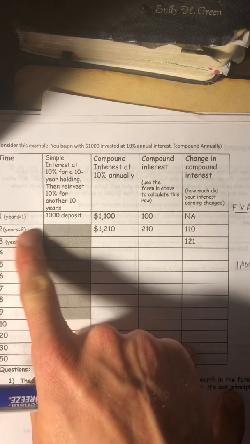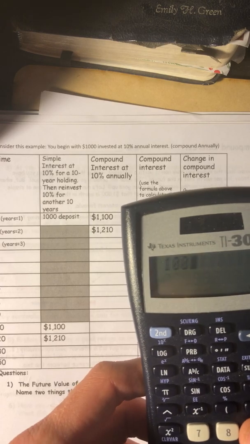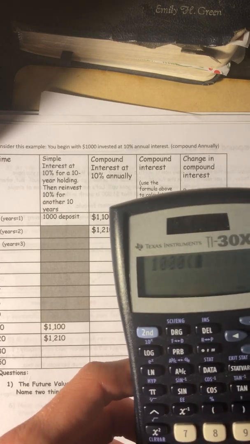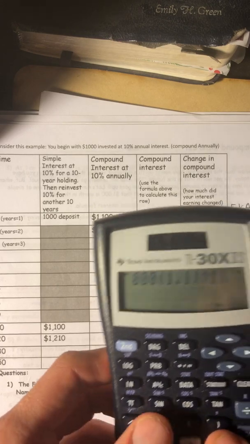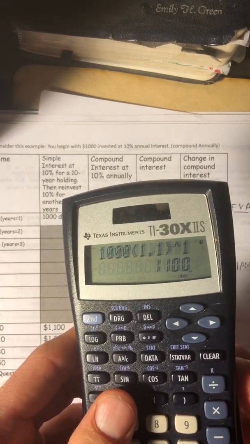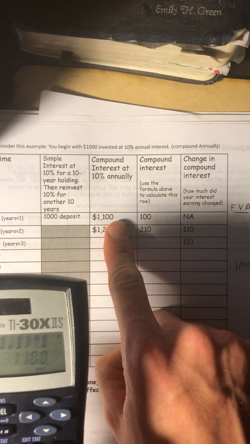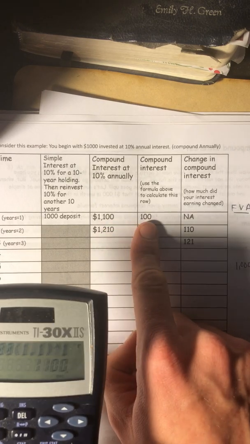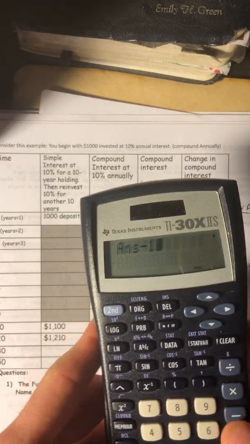So the first one would be year 1. So $1,000 times 1.1 to the first power. That's year 1, $1,100. Okay, so how much compound interest did you get? Well, you got $100 because you have $1,100 in your account now.